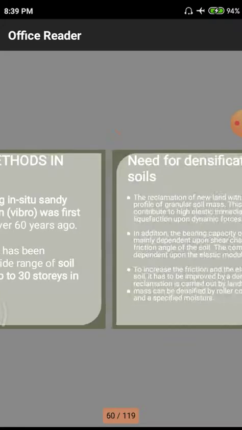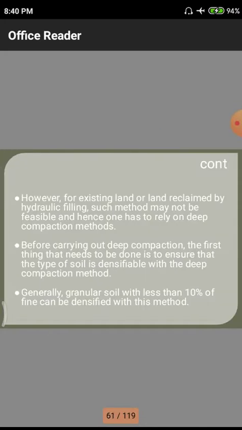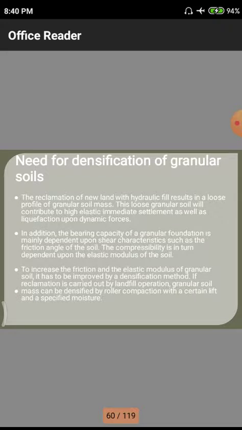Next one is the need for densification of granular soil. What is the need? Normally we construct small-scale buildings with smaller footings. But whenever we go to high-rise buildings, we definitely go for these densification methods. Why? Because if there is no densification, there will be swelling and shrinkage due to entrainment of water and other liquid substances into the lower soil layers in different seasons, so that there may be inequalities.